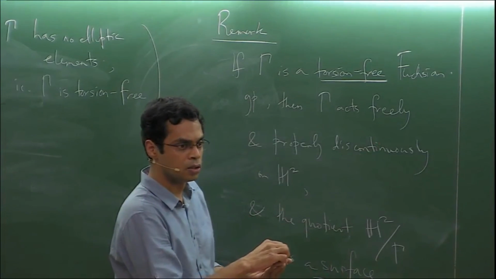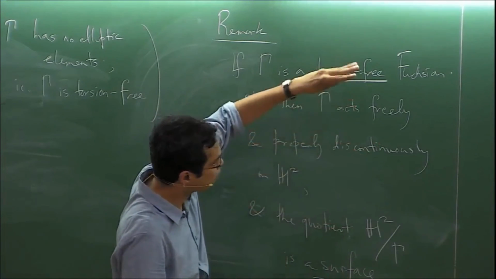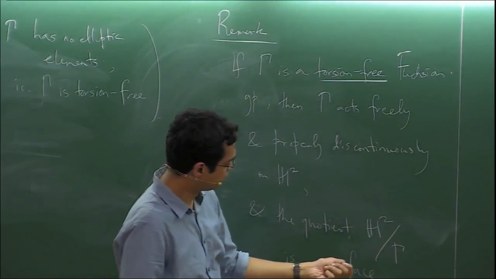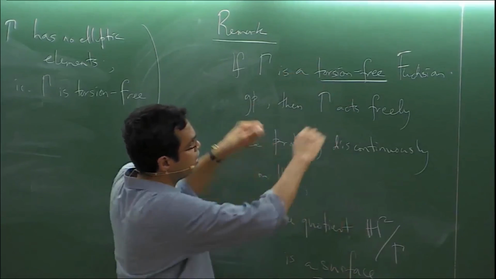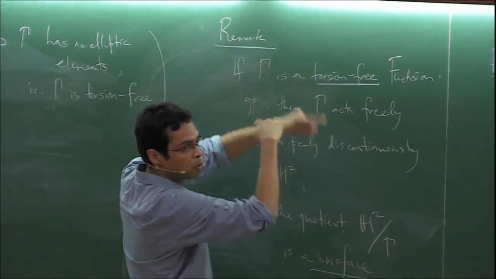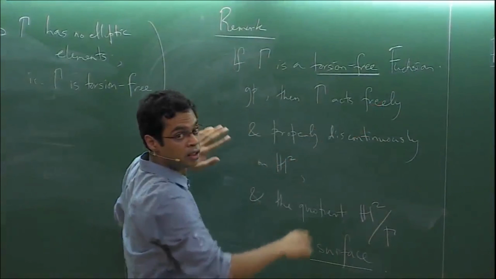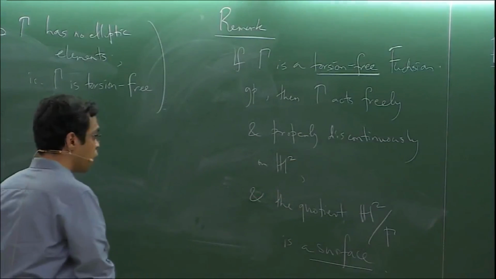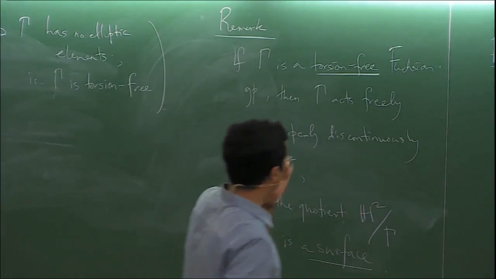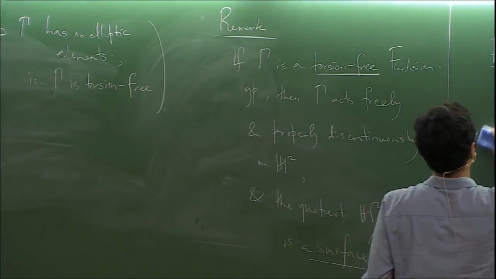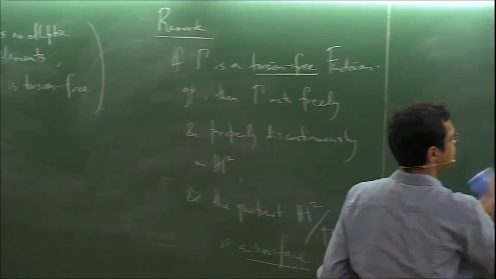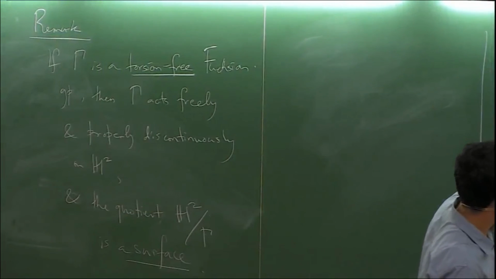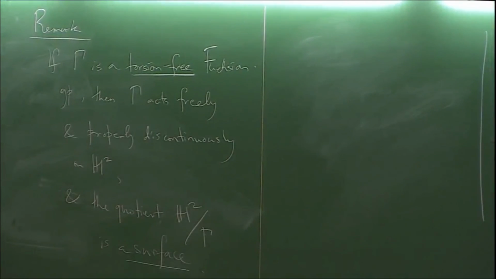So this map becomes a covering map, and every point in the surface has infinitely many pre-images which are permuted, the orbit. This is how you would get surfaces if you start with something which is torsion-free and Fuchsian. Now, for example, in this case, what surface do you get if you take the quotient?